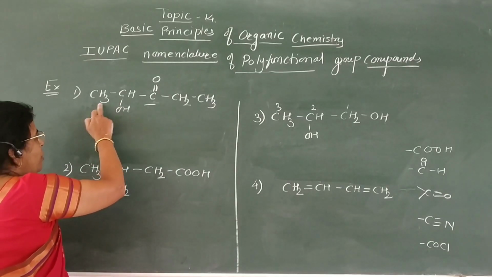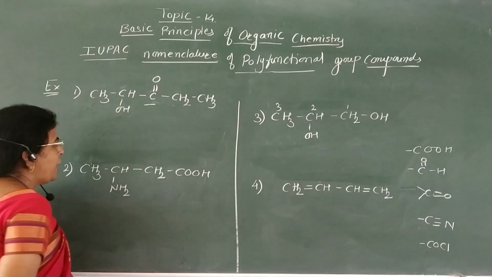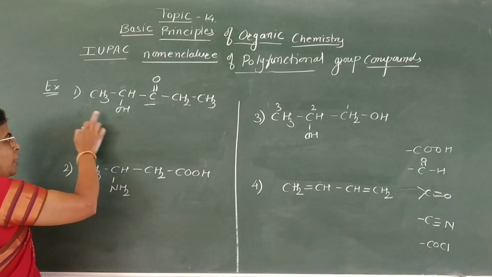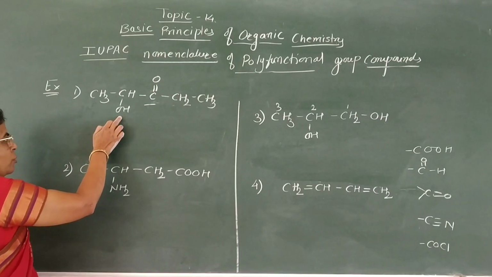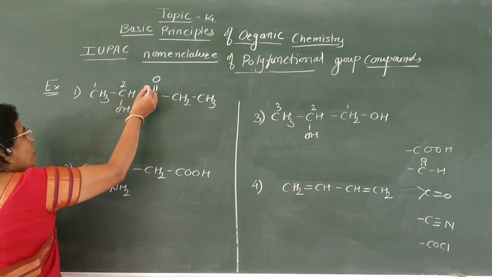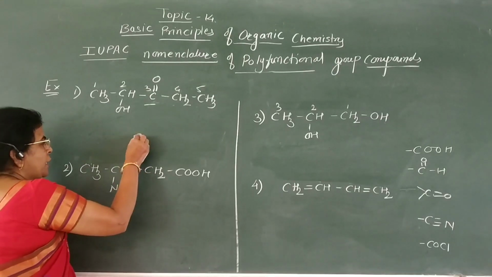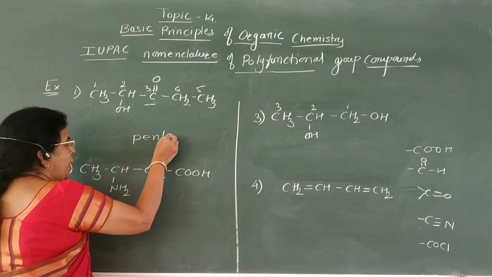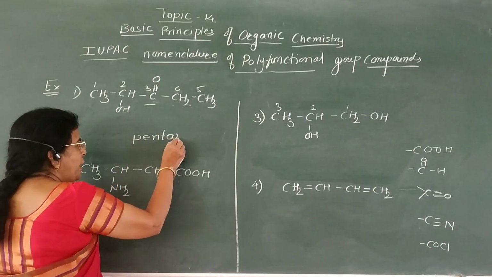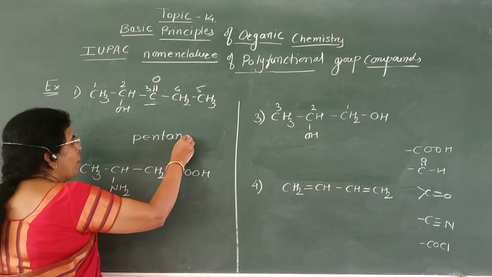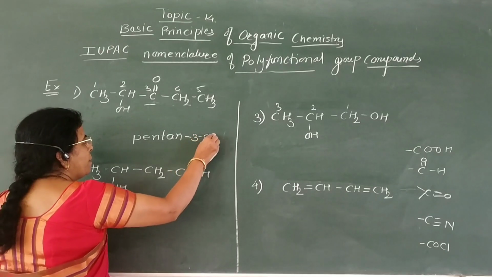Now here there are 1, 2, 3, 4, 5 carbon atoms. Give numbering from the end which is nearer to the functional group. This end is nearer to the functional group. Therefore 1, 2, 3, 4 and 5. 5 carbon atoms are there. Therefore it becomes pentane, that is parent alkane is pentane, and replace this E from pentane by 3-one.